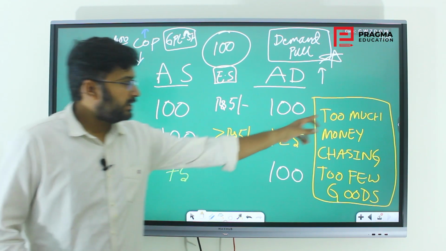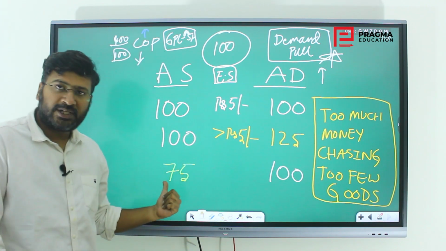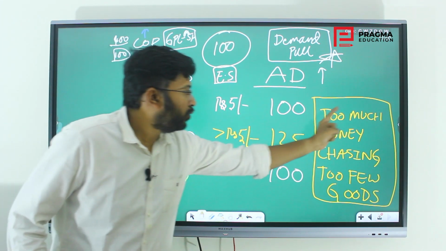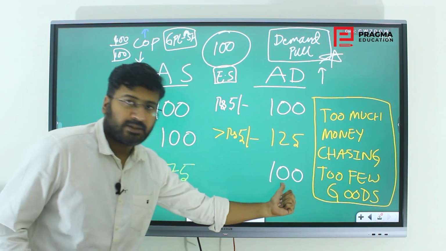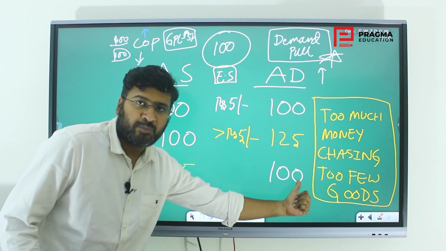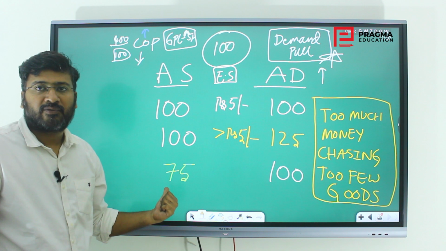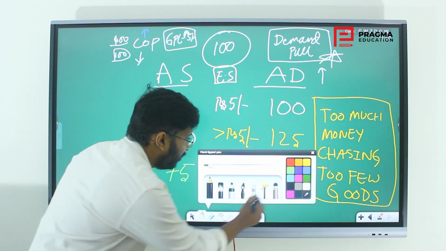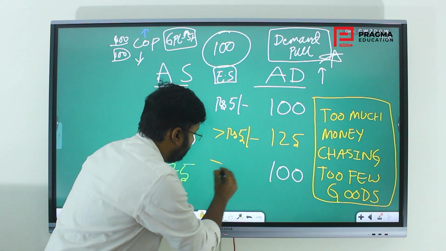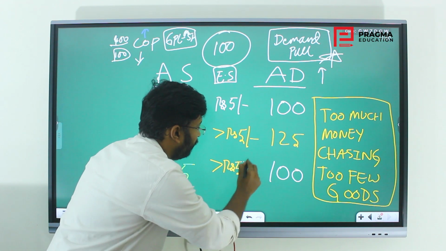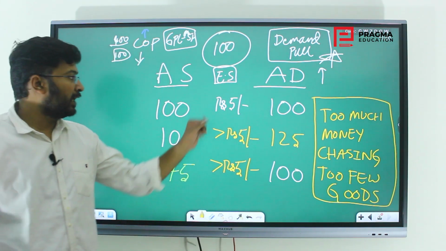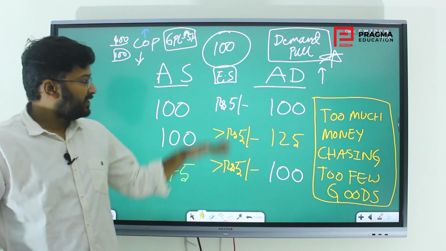Now tell me, is this phrase suitable to this scenario also? Too much money chasing too few goods. Yes, there are more people ready to buy, fewer goods. So in this scenario also, what will happen? The price will go more than 5 rupees. That is the general price level.